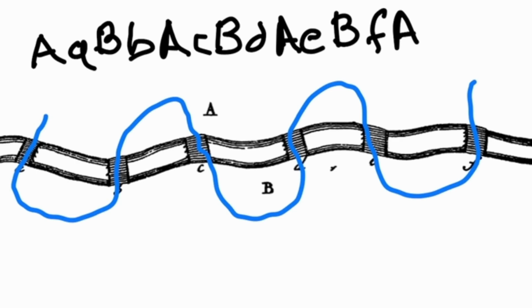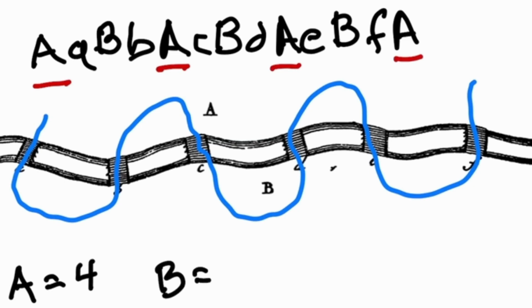Now let's take a look at how many times each capital letter appears in the path string. The letter A appears 1, 2, 3, 4 times. And the letter B appears 1, 2, 3 times.